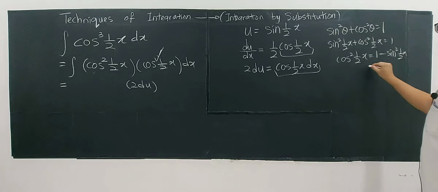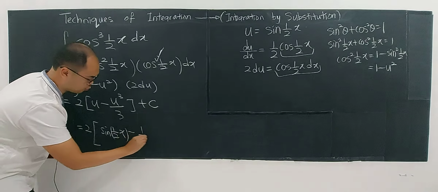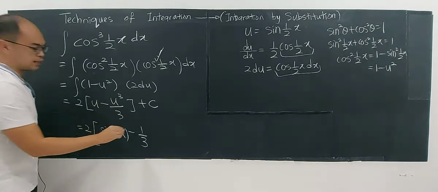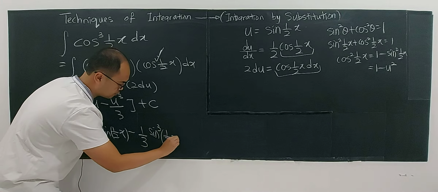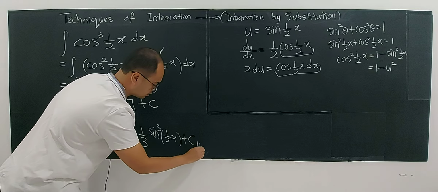Just write the 2 and integrate 1, you get u; integrate u squared, you get u cubed over 3, plus c. So you have 2 integrating cos: u is sine half x, so sine half x minus 1 over 3 sine cube half x plus c.